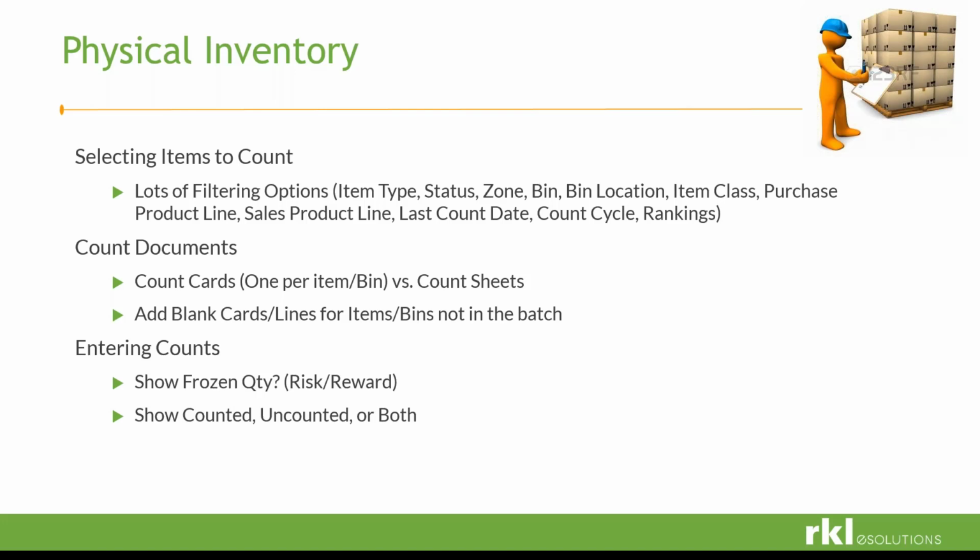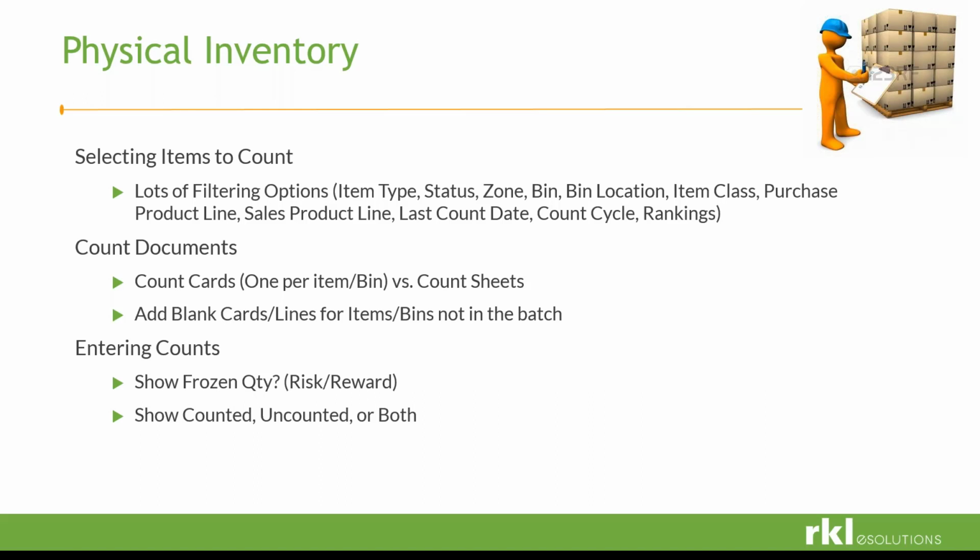Once you've done the item selection, you have to freeze the counts for the items. And then you've got a choice as to how the end users will actually perform their counts. If you're using scanners with one of the warehouse automation solutions, then that's obviously probably the easiest approach.